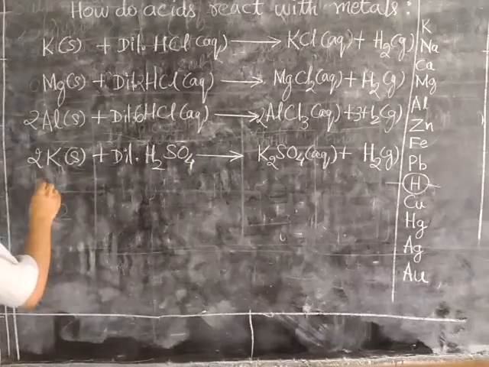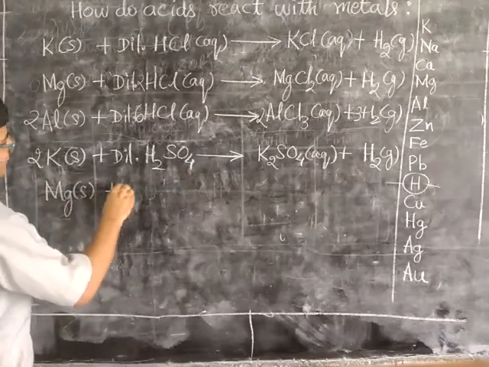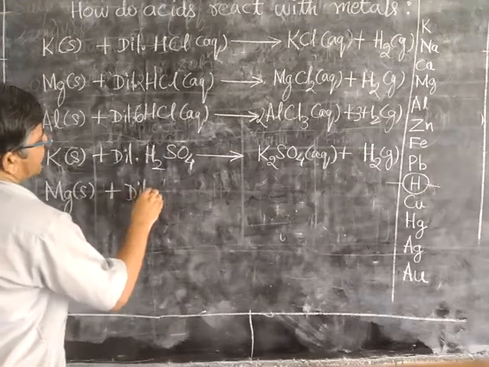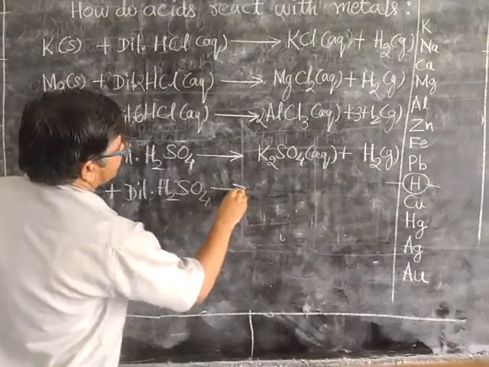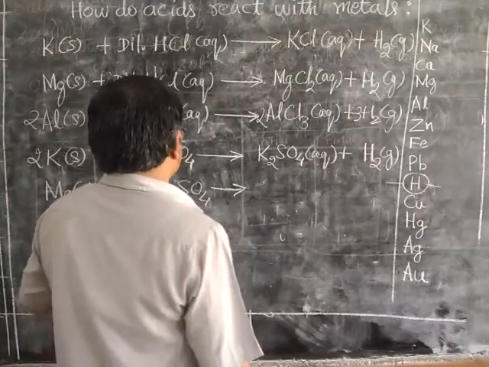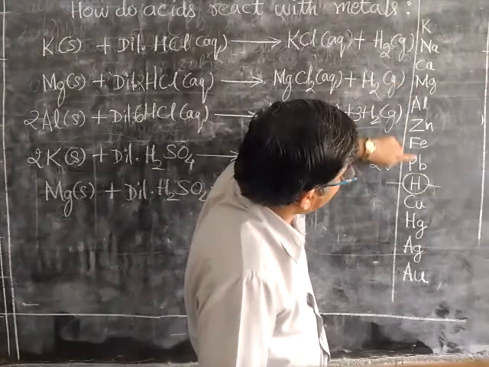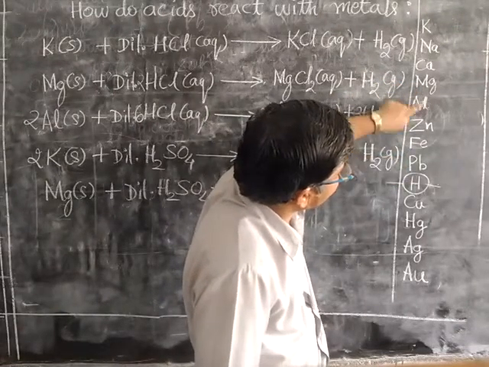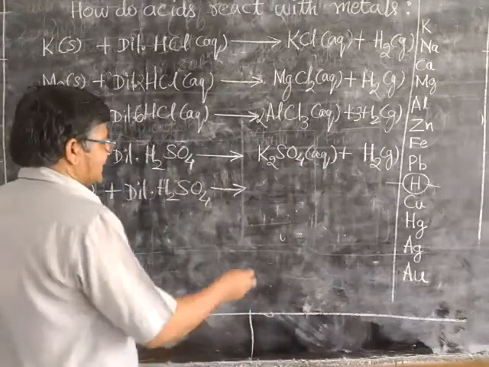Let's take the case of magnesium. Again, magnesium metal reacting with dilute H2SO4. The reaction will occur, it has to occur because magnesium is above hydrogen. It is more reactive than hydrogen, so it will displace hydrogen from its acid.